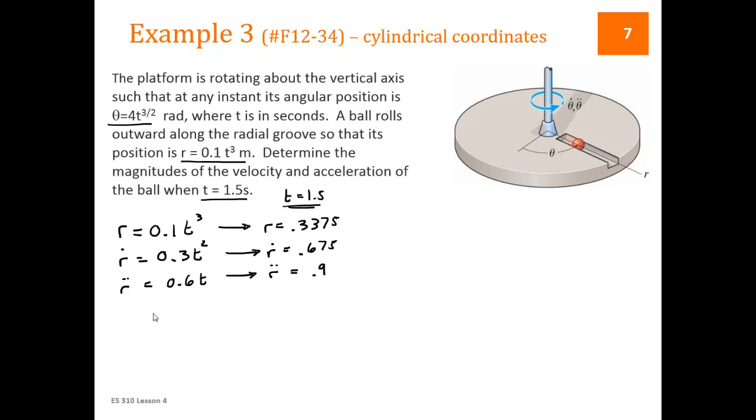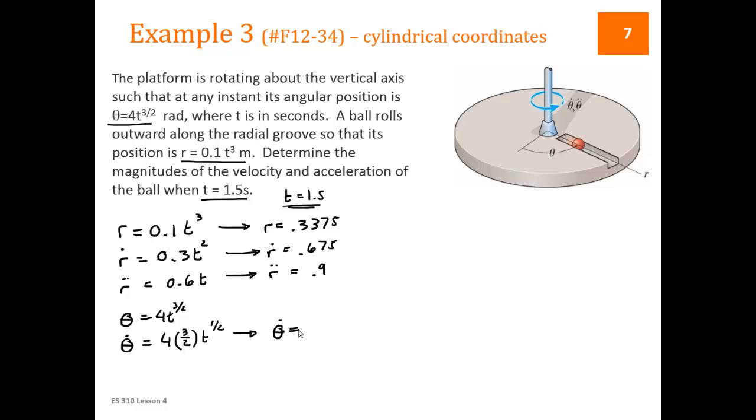All right, same thing with the thetas. We're given theta, 4t to the 3 halves. We don't care about theta at t equal to 1.5 because theta is not in our expressions. Theta dot is equal to 4 times 3 halves t to the 1 half. That one we do care about. Plug it in.